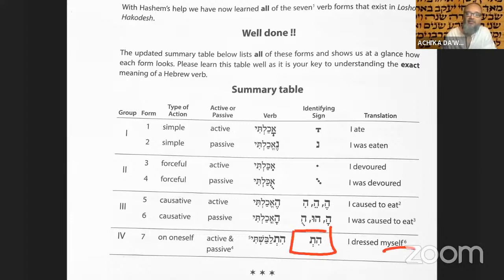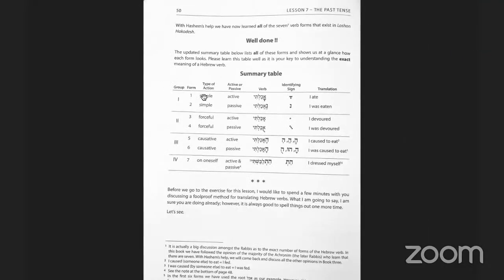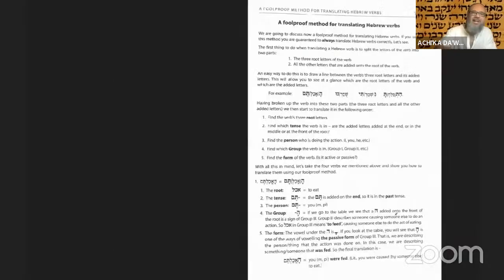Easy. You see? And then on yourself. Simple. That's the table. Was that hard? Not really. No, it's not hard.